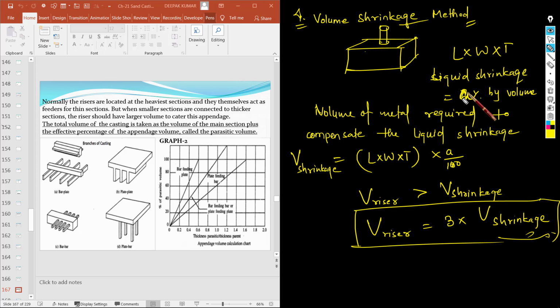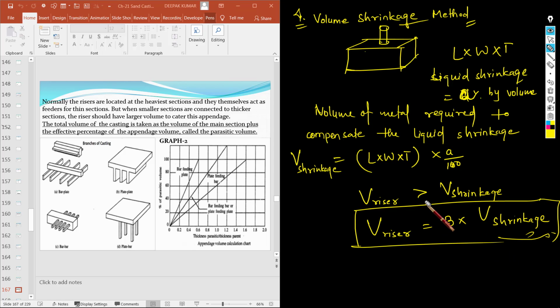So in the question, if the method is not provided, you have to identify by which method you have to calculate. If liquid shrinkage is given, that means you are going to use this one.